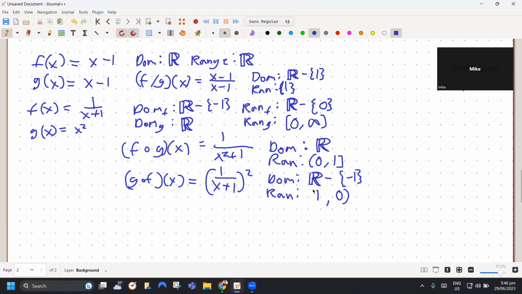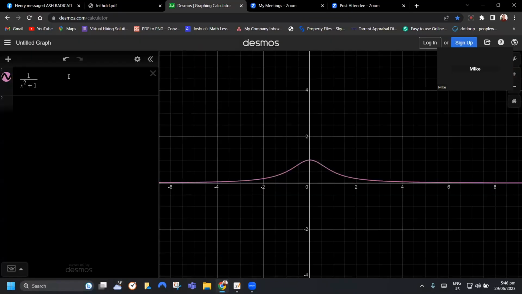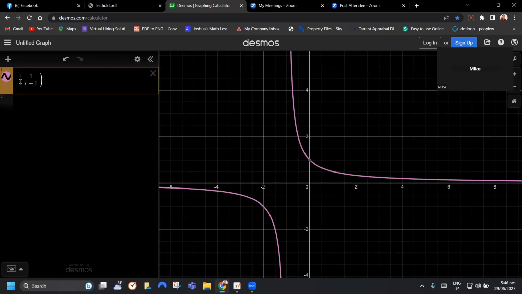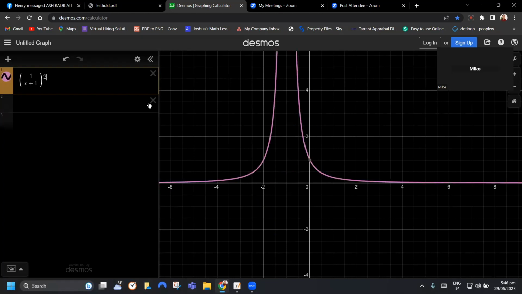So ano lahat ng possible values ng G circle F? Paki-graph nga yung 1 over x plus 1 quantity square. Or 1 over x plus 1 square. So, ano range?